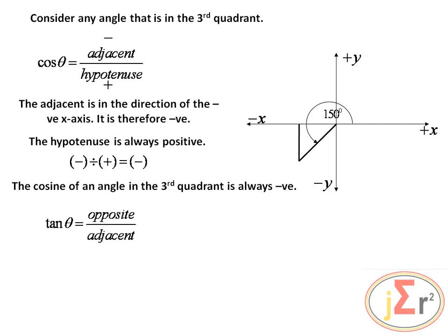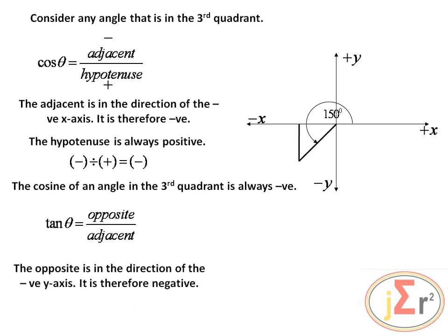Tan theta is equal to opposite over adjacent. The opposite is in the direction of the negative y-axis. Notice that we are down here now, in the direction of the negative y-axis.